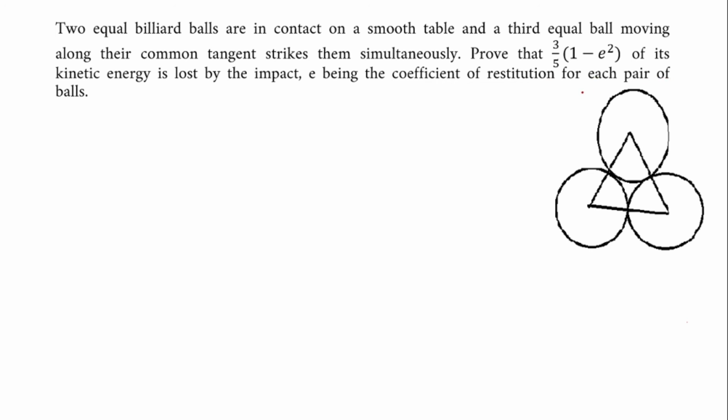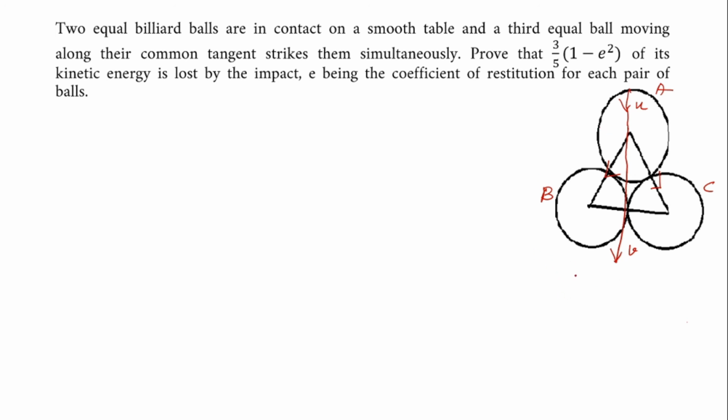Okay, so that is what we are going to prove. So we are considering these two balls which are at rest, B and C, and A is the ball which impinges, and the initial velocity is u and final velocity is v, which is acting along the common normal.